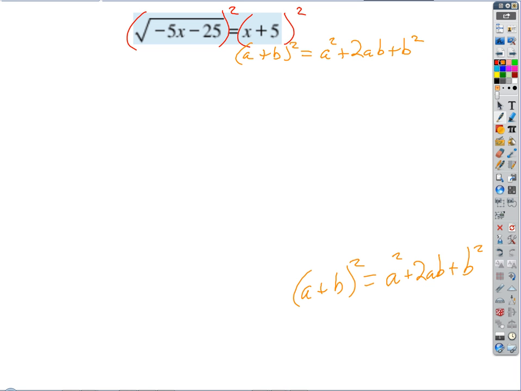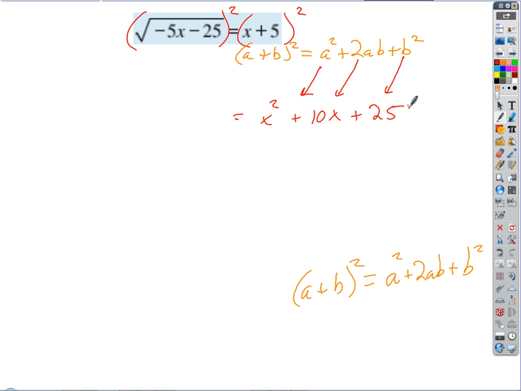Good. So we end up with x squared plus what's 2ab going to be? 2 times x times 5 is what? 10x. And then b squared is going to be what? 25.